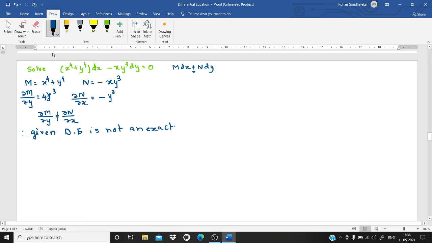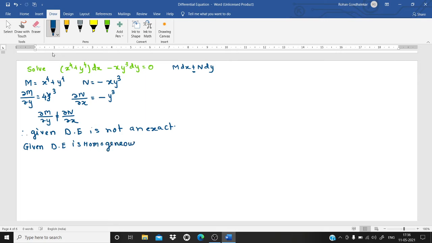So we can write, the given differential equation is homogeneous. Okay. Now what? Consider Mx plus Ny. So what is M?